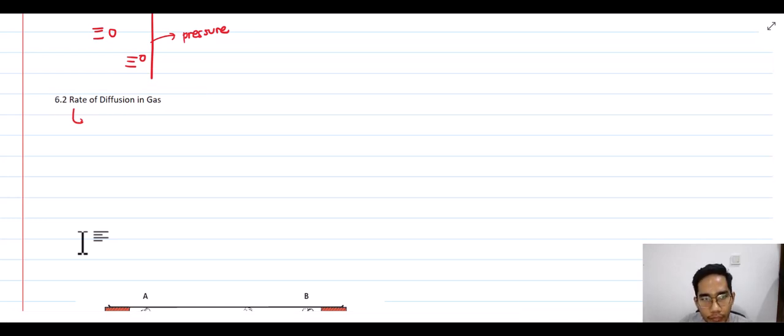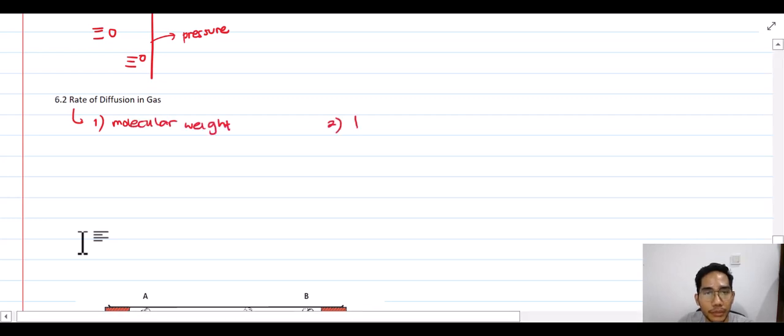Now, the rate of diffusion of gas is dictated by two factors. First is the molecular weight, and the second one is the temperature. Why do these factors affect the rate of diffusion?